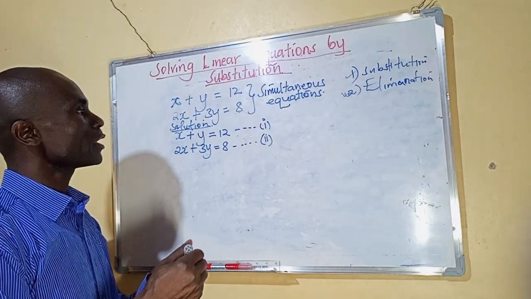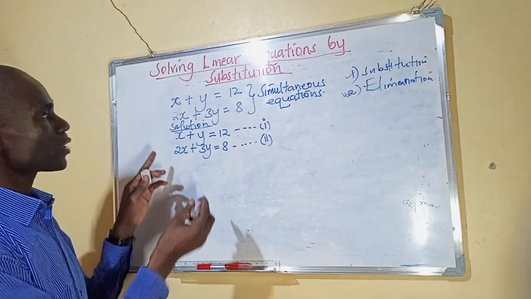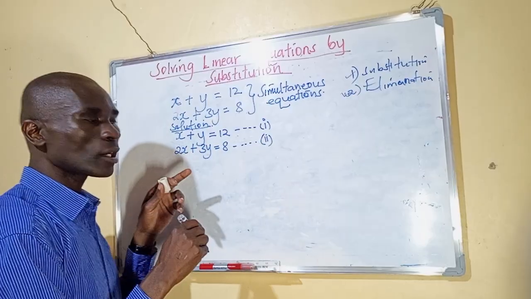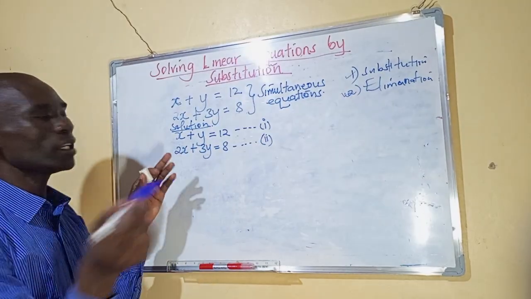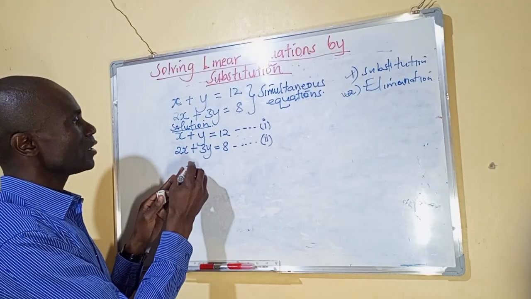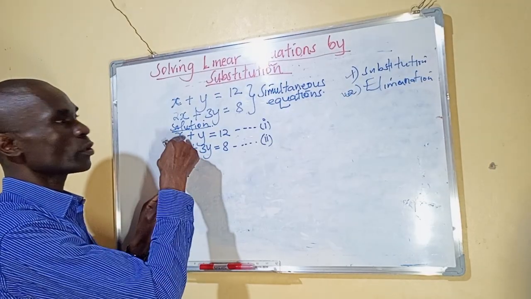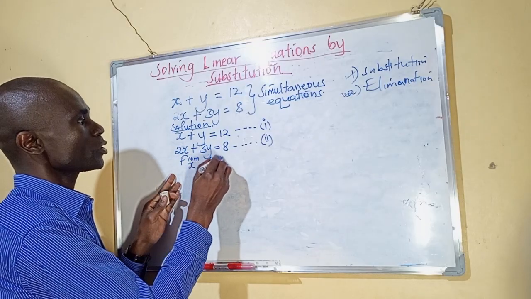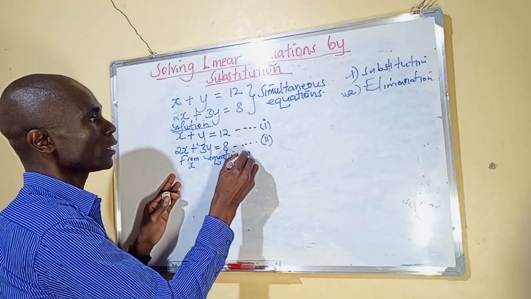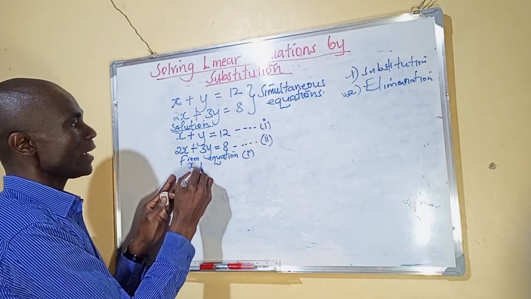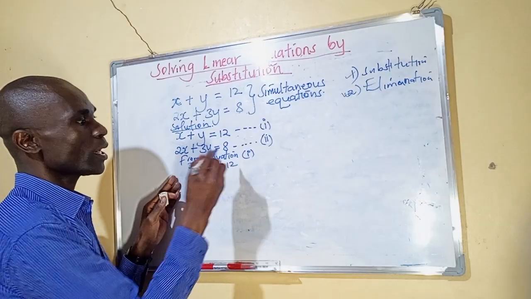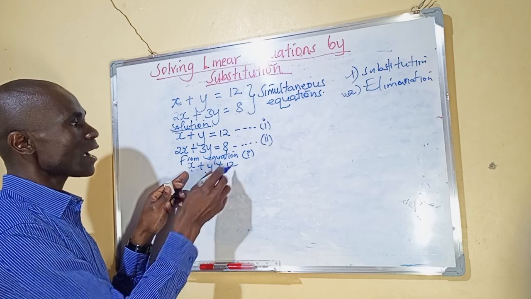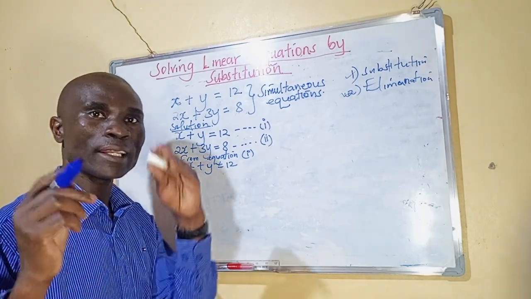So what do we do next? Now we try to write equation 2 in one unknown. For example, we can decide on either x or y. So in this case, from equation 1, where x plus y gives us 12, we are deciding to retain x and write the whole equation in x.